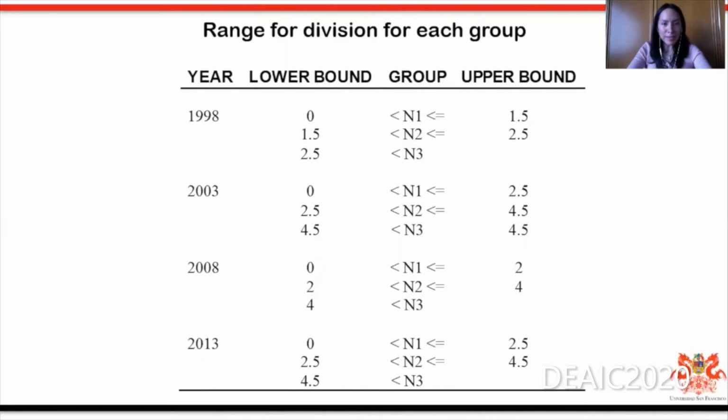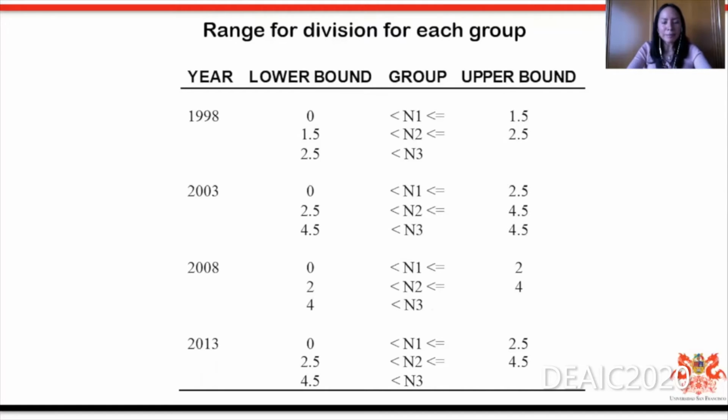In this case, N3 will be named as the most disadvantaged group, N2 the second most disadvantaged, and N1 the most advantaged. We point out here that the efficiency measure phi is greater than or equal to 1, hence the DMUs with lowest scores are close on average to the frontier.